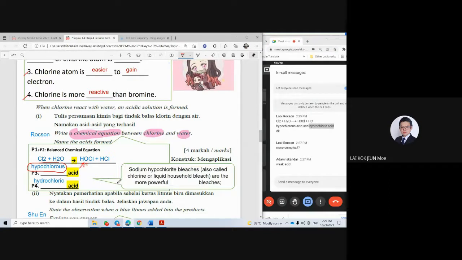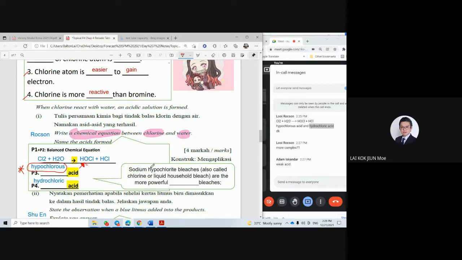Hypochlorous is a weak acid, okay? But this weak acid is quite good, especially nowadays when we need a lot of sanitizer. They say hypochlorous acid can become a very good sanitizer, can kill the bacteria and the virus. You can check your sanitizer's ingredients.